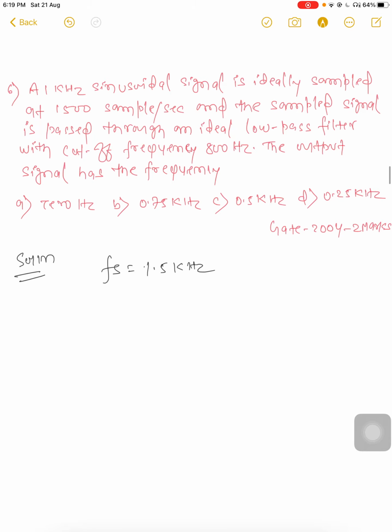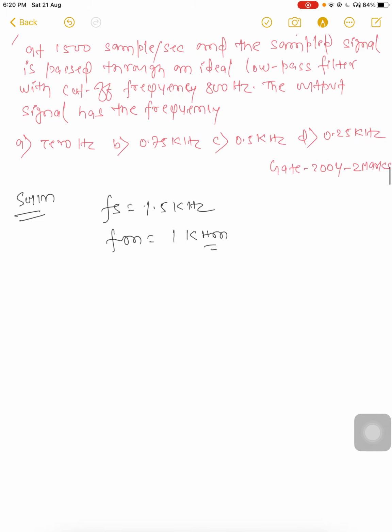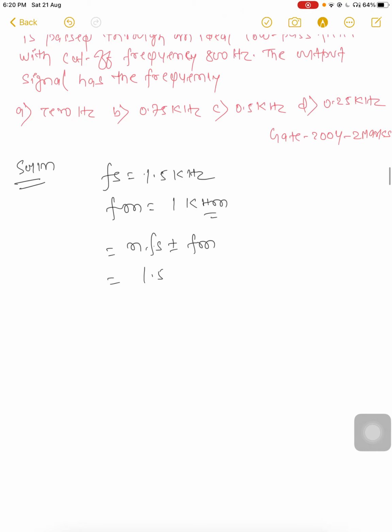fs is given as 1.5 kilohertz, and fm is given as 1 kilohertz, the modulating signal. The available frequency components are fs plus minus fm, so 1.5 plus minus 1.